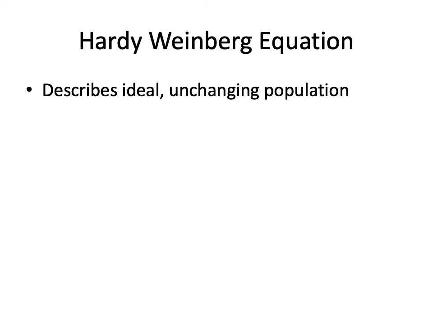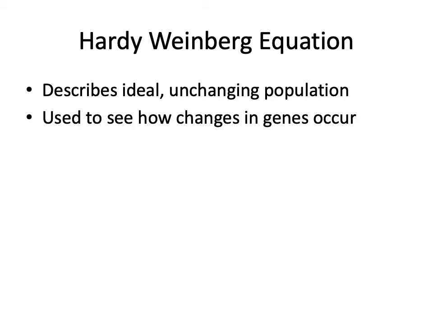And these are ideal populations because populations do actually change through time. They can change pretty quickly or change slowly. But this ideal population that's unchanging is called a Hardy-Weinberg population. And there are some equations that can show how this population is not changing. And we can compare changing populations to this Hardy-Weinberg population to see exactly how populations are changing, how the different alleles are increasing or decreasing in frequency.